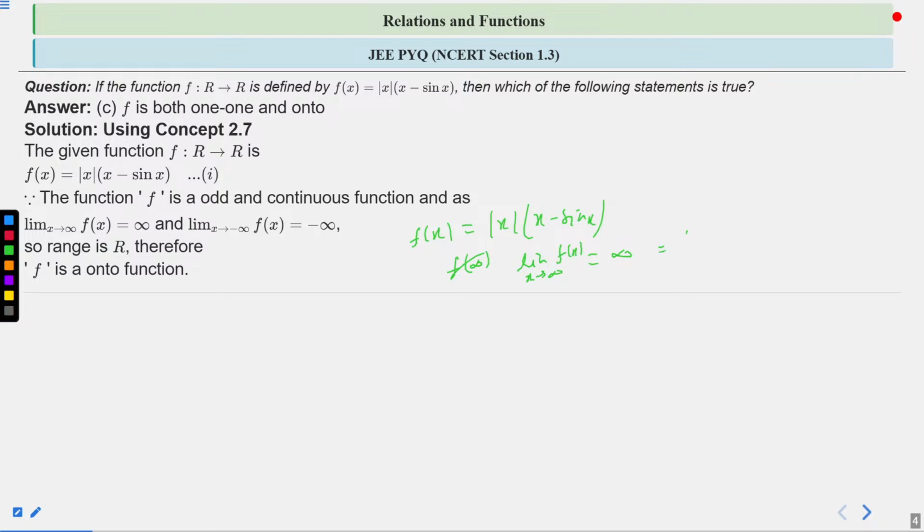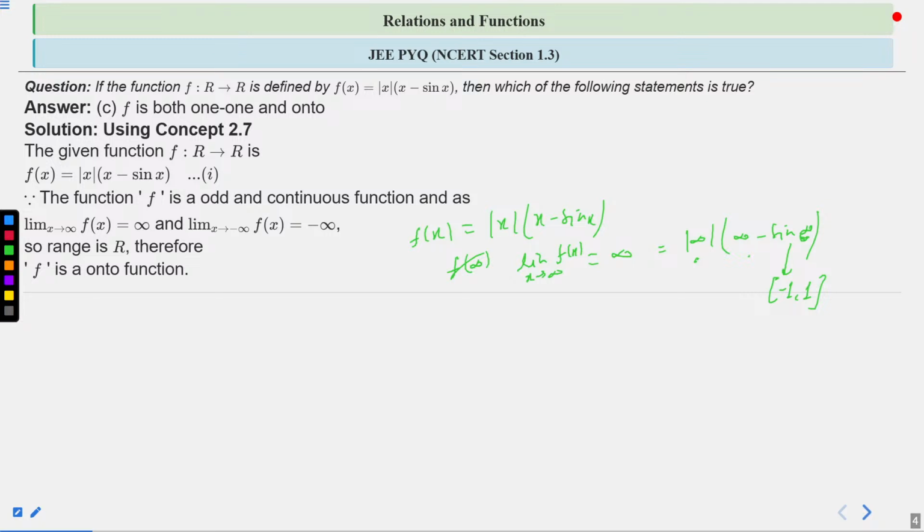That is, absolute value of infinity into (infinity minus sin infinity). Sin infinity, whatever the value in the domain, will always be between minus 1 to 1, and infinity minus a value between minus 1 to 1 will be infinity, and infinity into infinity will be infinity.